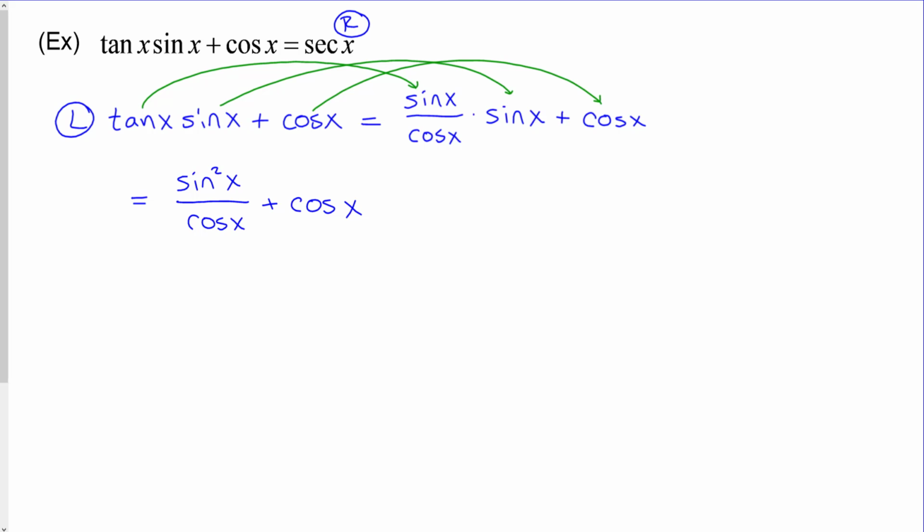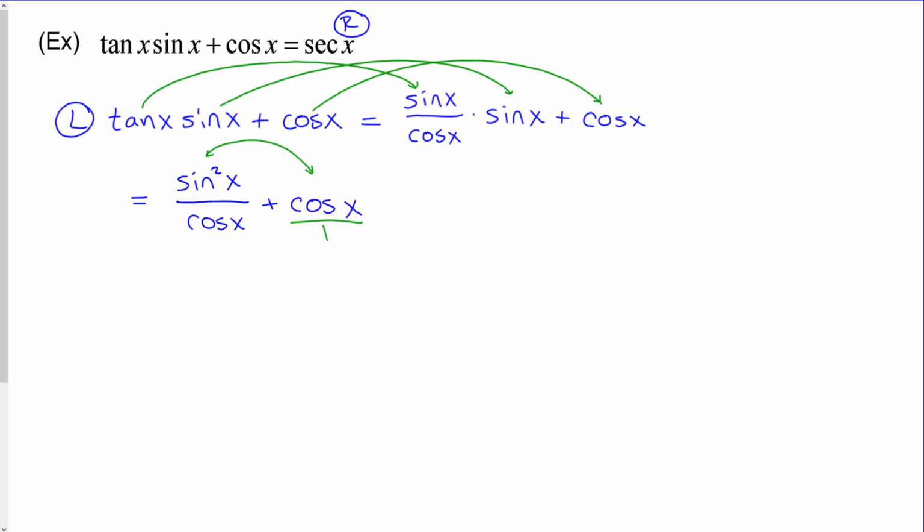Now it's possible to combine these two fractions, the sine squared x over cosine x, and effectively cosine x over 1. You can rewrite these with the same common denominator and add them together.